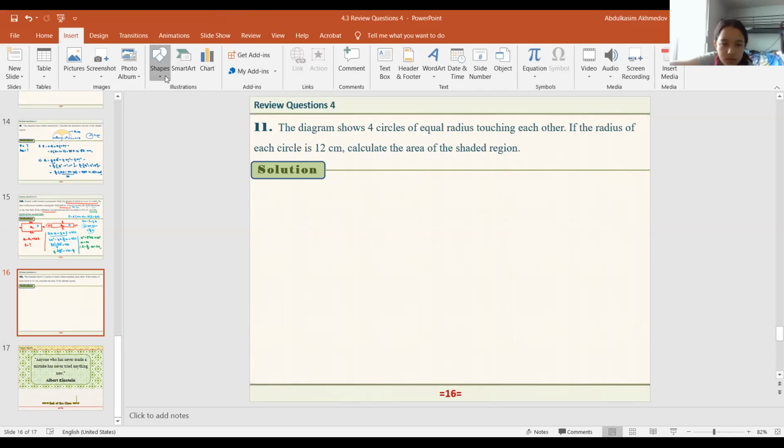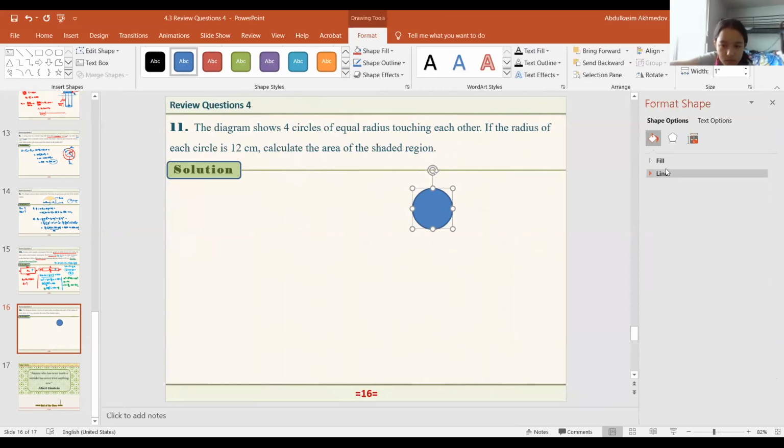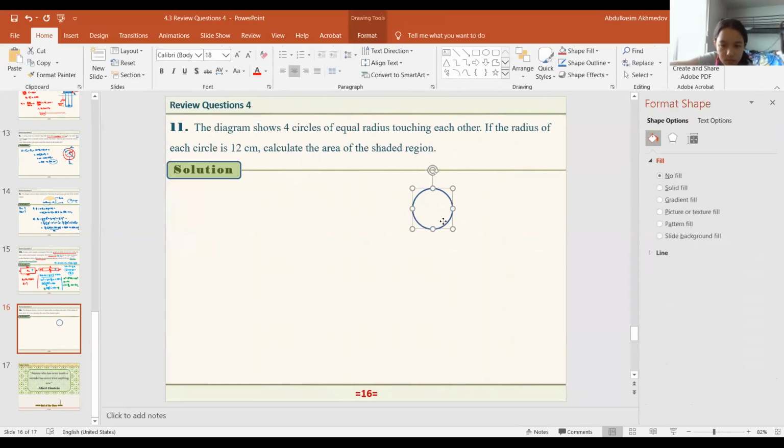Okay, we are talking about this kind of circle.